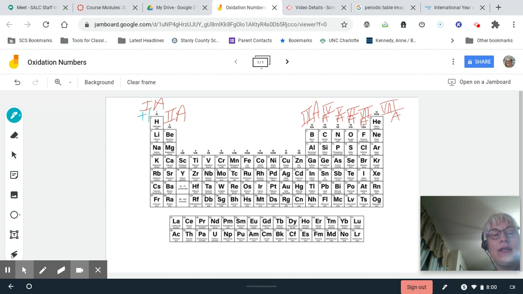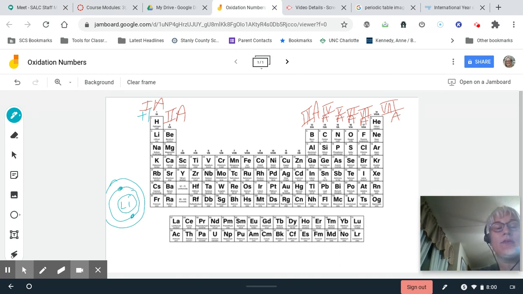If I take lithium and do a Bohr model, it is in period 2, underneath hydrogen, so it has 2 rings. If you did the Bohr model activity, there are only 2 electrons on that first energy level. Lithium has 3 because it has atomic number 3. There's one left here.